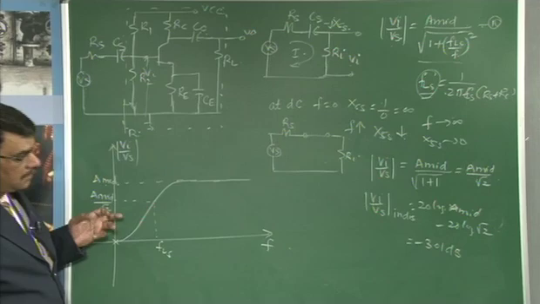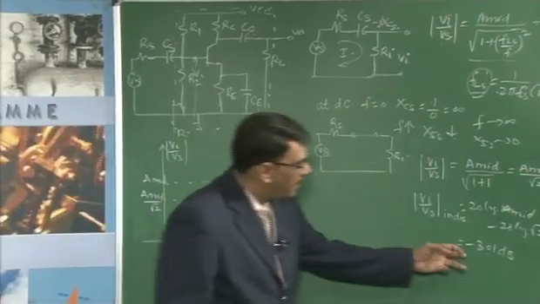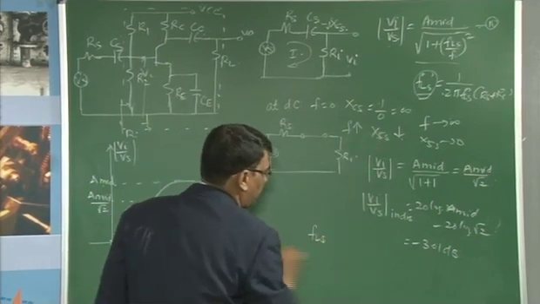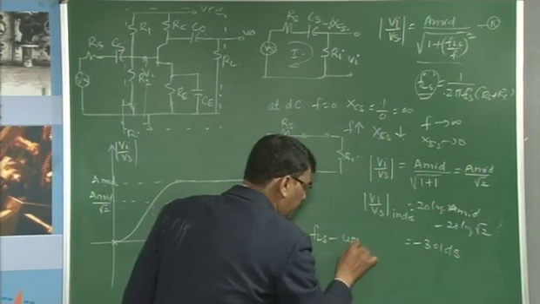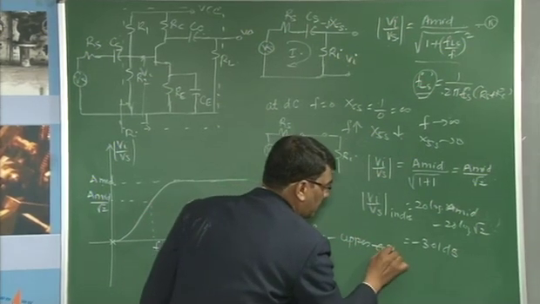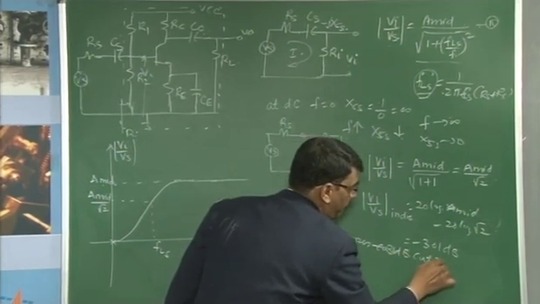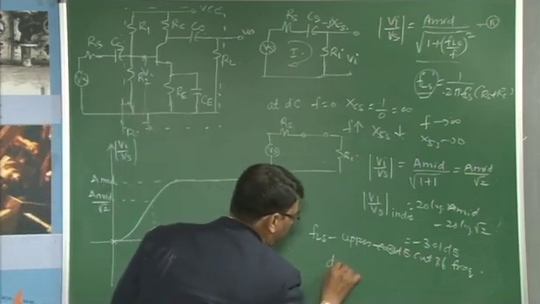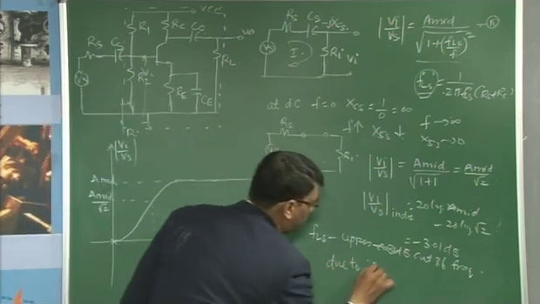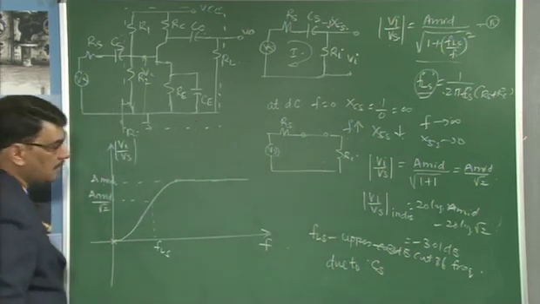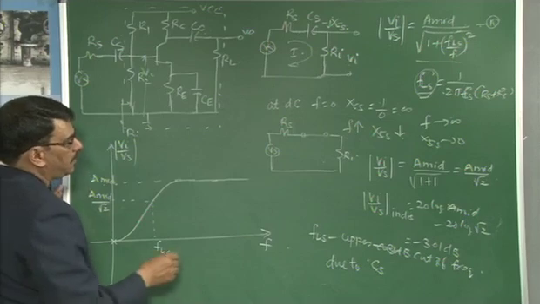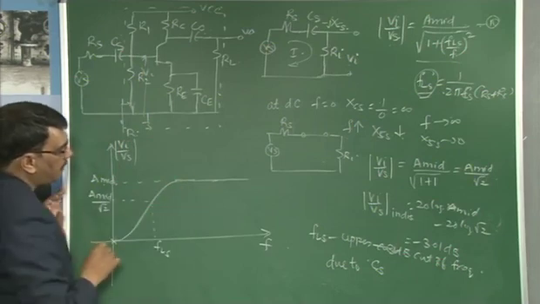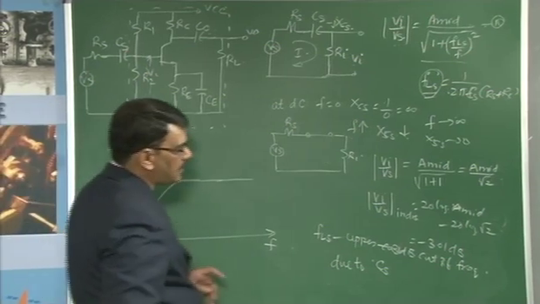The half power cutoff frequency is also the minus 3 dB point. Hence, FLS is named the upper cutoff, or minus 3 dB cutoff frequency, due to the coupling capacitor Cs. Therefore, we can define this as the upper cutoff frequency of the low frequency response of an RC coupled amplifier. This frequency is known as the minus 3 dB cutoff frequency.